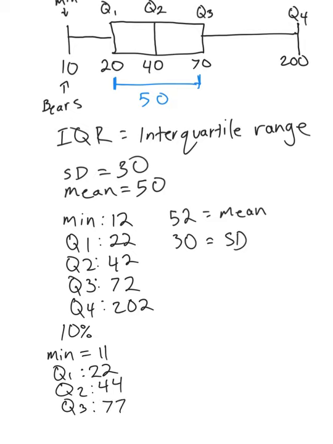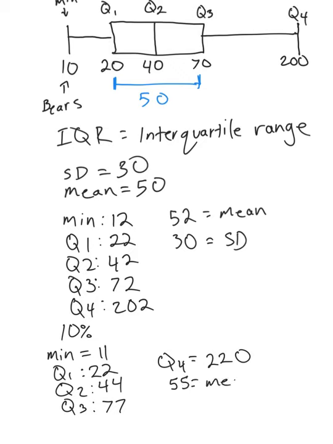Our Q4, as you can see, this 10% starts to grow more as we get more animals. It becomes 220. Our mean times 1.1 becomes 55.